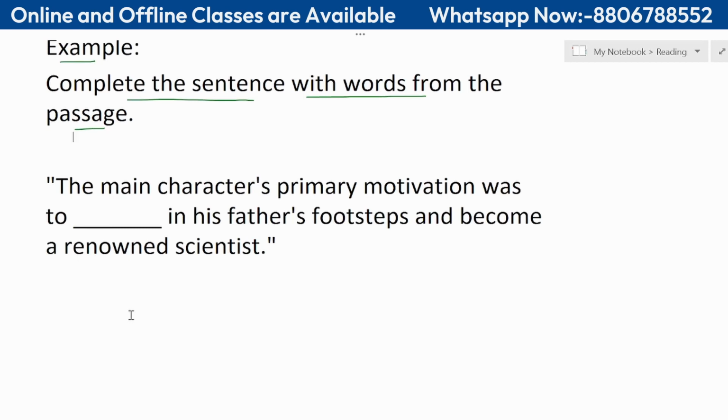Now the example which is given ahead states as follows: the main character's primary motivation was to dash in his father's footsteps and become a renowned scientist. So this is an example of sentence completion with a blank. So there will be just a sentence with a blank, and you will have to fill it out by reading the passage in the question.